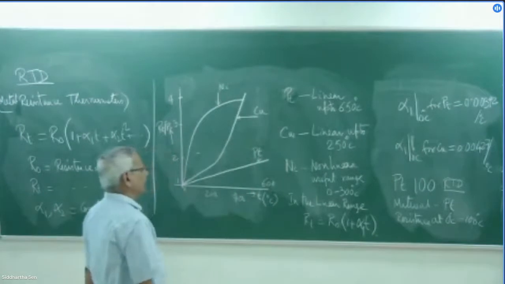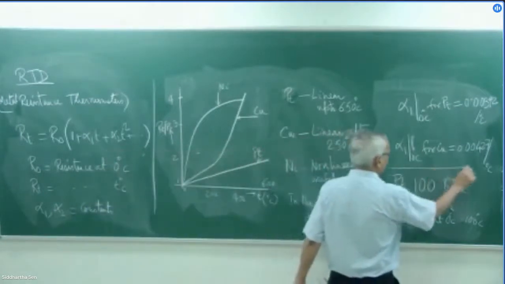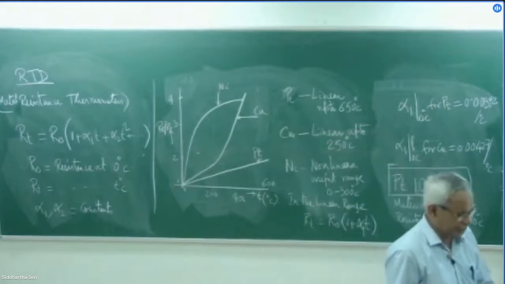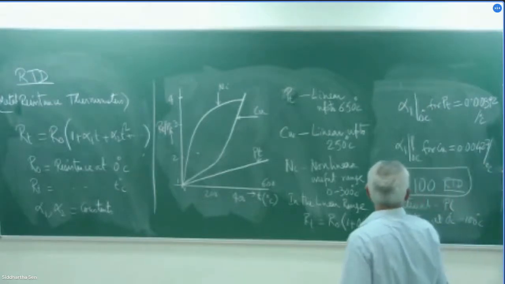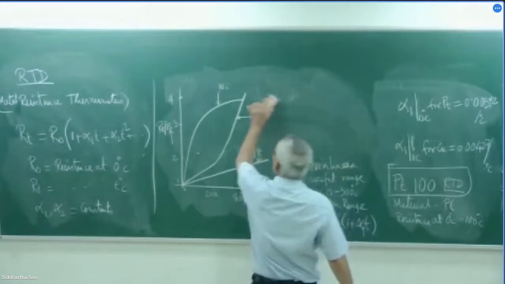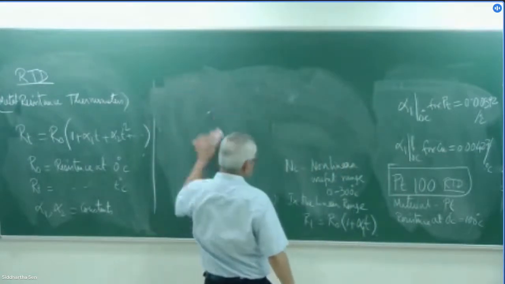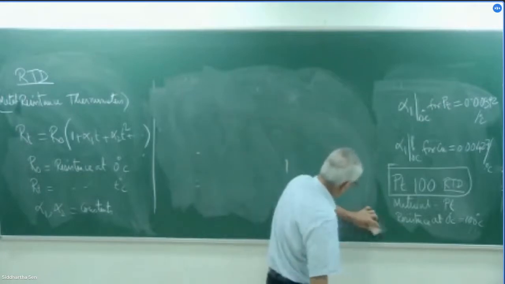So PT100 is a very popular type of RTD. It has a wide range of linear temperature measurement, and so it is often used as an RTD for this temperature area.